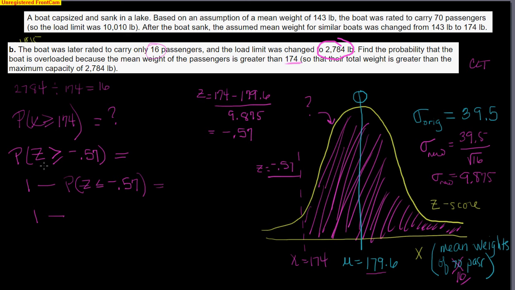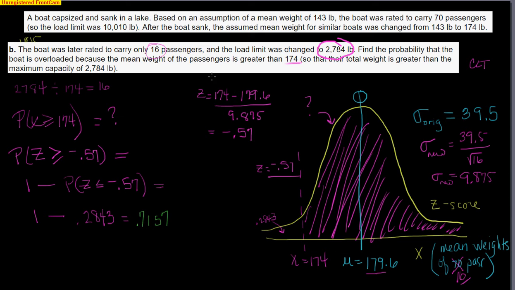If you work that out, the probability is 0.2843. So that 0.2843 is actually this space here to the left. So what do we want? We actually want this space to the right, so we're going to have to subtract it from 1. And what we get is 0.7157.